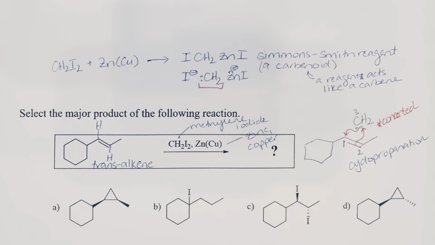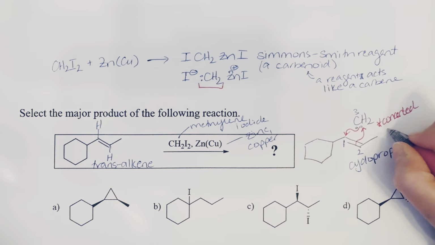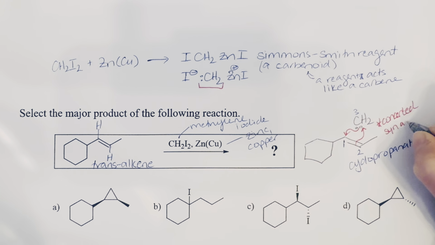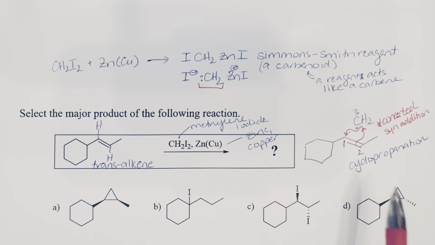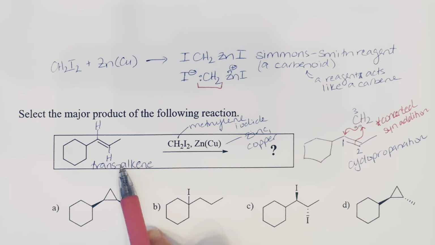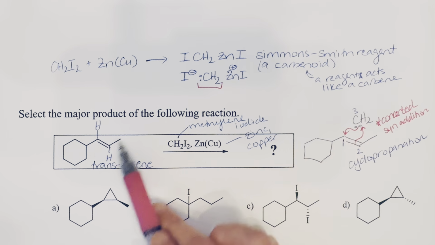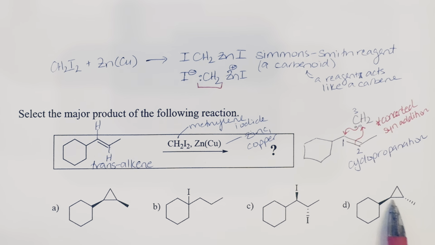It's all taking place in one step. So that means that this will be a syn addition. It's going to add to the same side. And we're not going to see any rearrangement. So where this was a trans alkene, the 2 alkyl groups pointing in opposite directions, they should still be pointing in opposite directions on your cyclopropane.